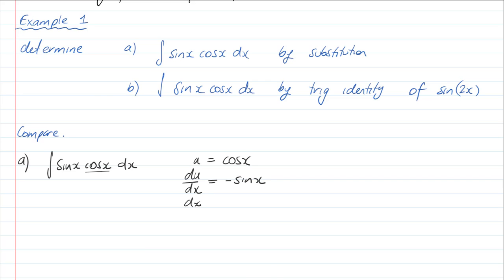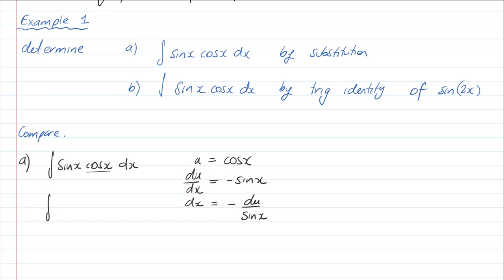And if I rearrange that two steps at once, I get dx is equal to negative du over sine x. And so I'm going to bring that over here. That means I now have sine x times cos x, which is now u, and then I've got times dx, which is now negative du over sine x. And you can see my substitutions worked because all of my x terms are going to cancel out.